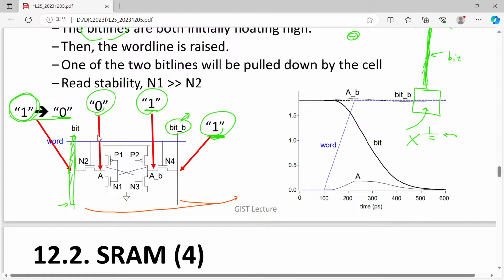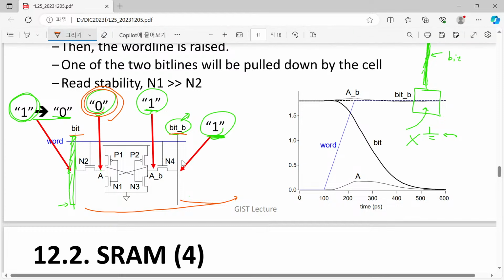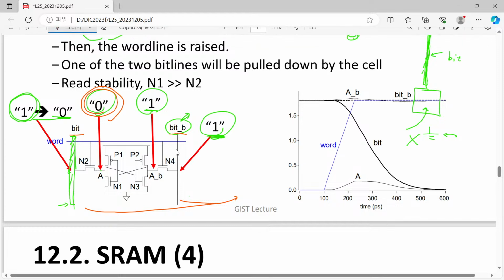If the bit line is lower than the bit line bar, then we can say that the stored information was 0. And if the bit line bar is lower, then we say that the information was 1. Are you with me?